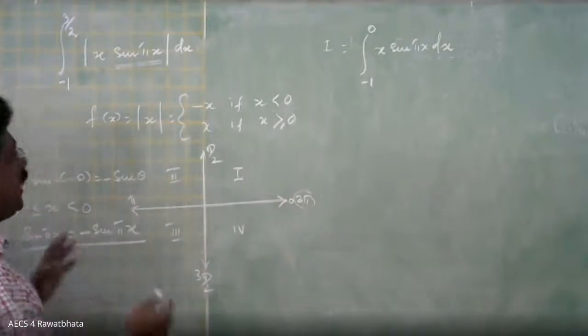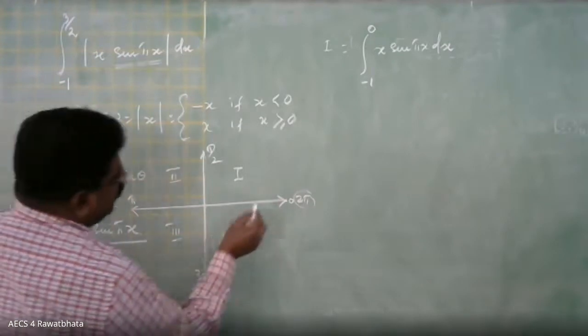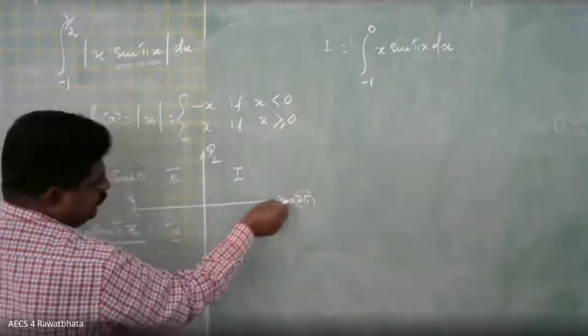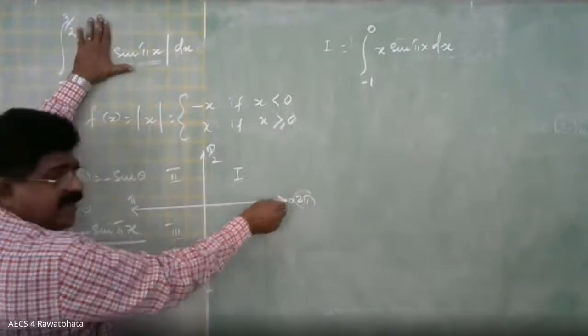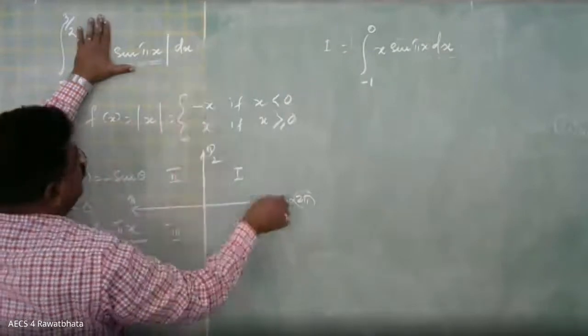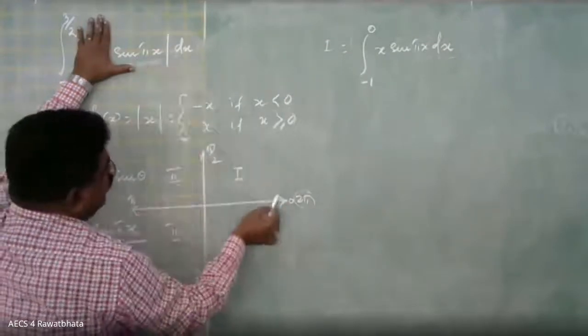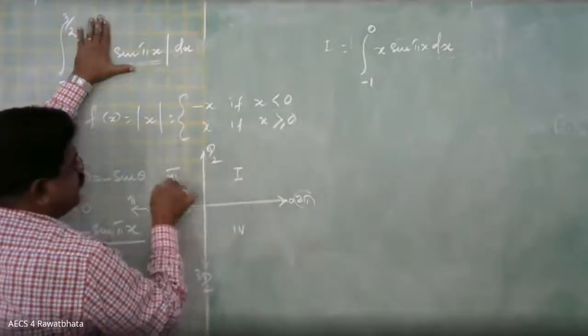Now let us come to the other part, 0 to 1. First we forget x and look at sine pi x. 0 means 0, 1 means pi, so the angle is 0 to pi: first and second quadrant.